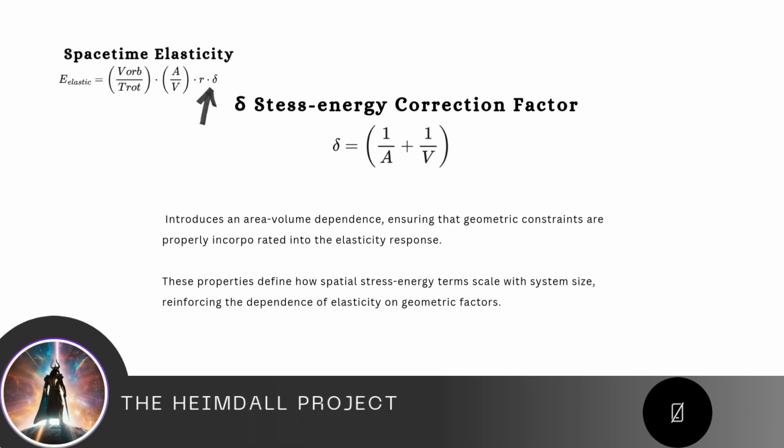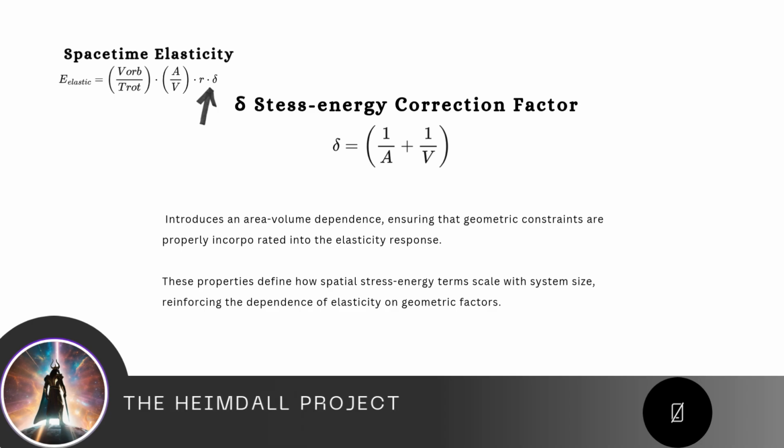For a galaxy, it would be a bit more difficult because there are some things that would take a long time to measure, and might be a little uncertain. So maybe don't use it for a galaxy unless you need to. I have another method for that. But the delta stress energy correction factor is important.